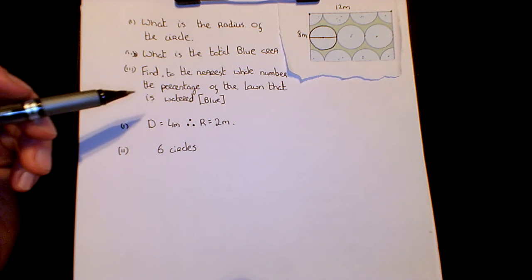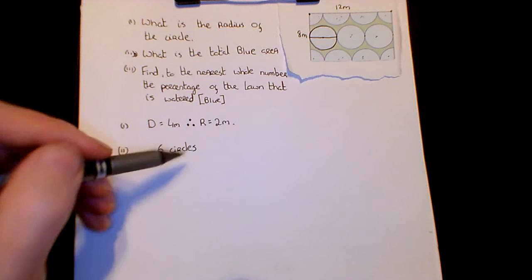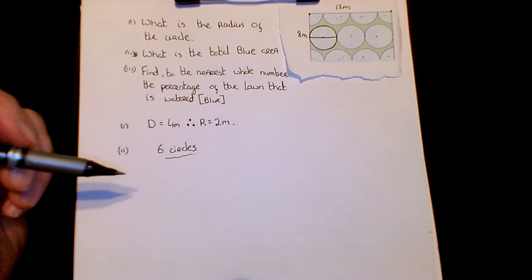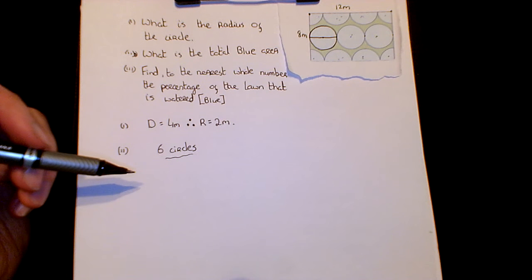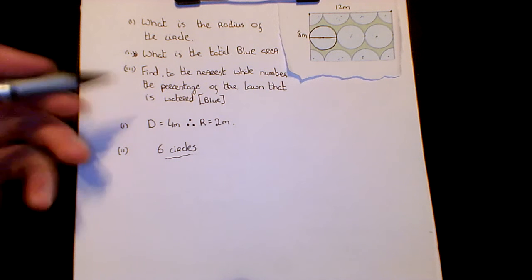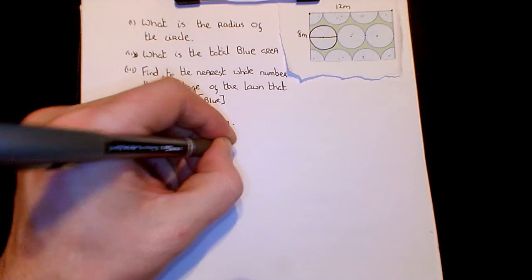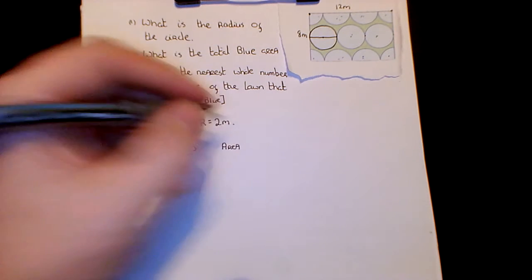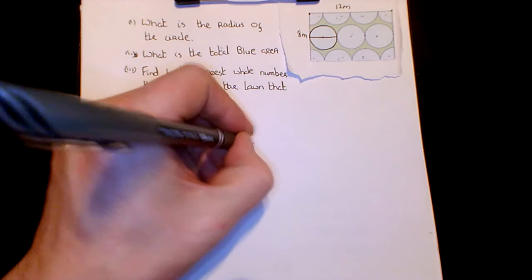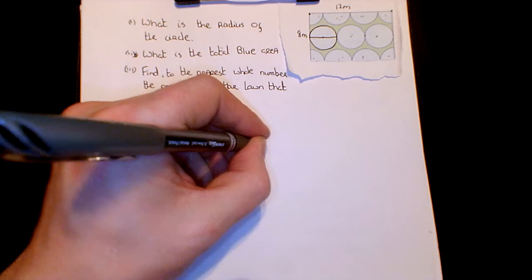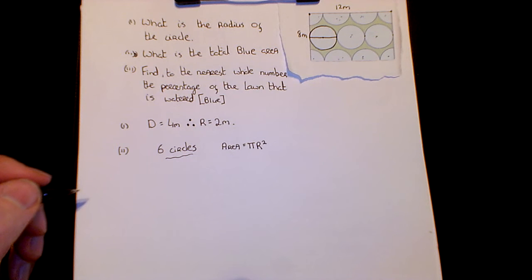So what's the total blue area? Well, the total blue area is the area of these 6 circles added together. Could I get the area of one of the circles? Have I enough information? Well, the area of a circle formula is area of a circle equals pi r squared.